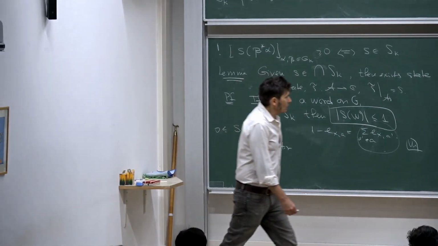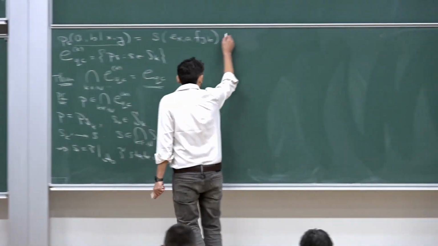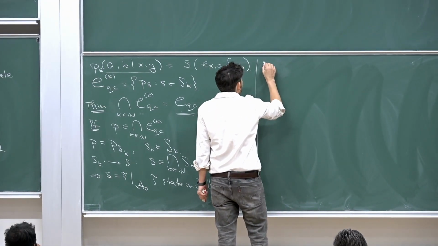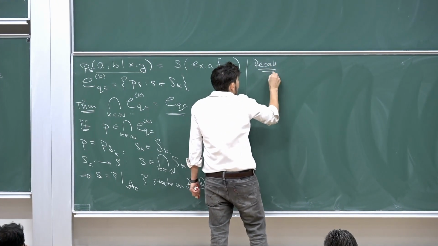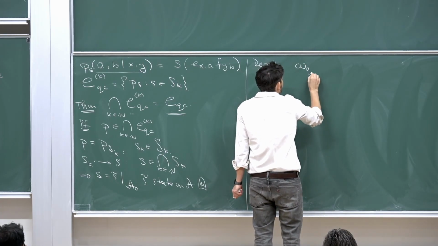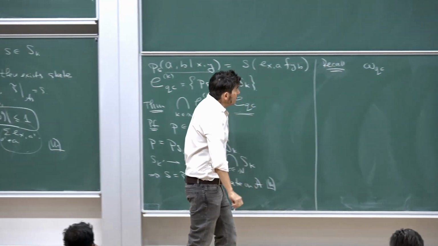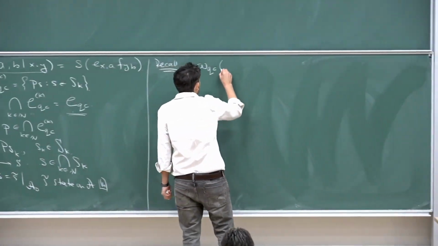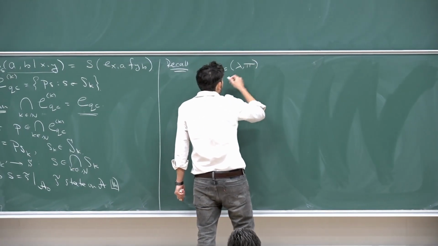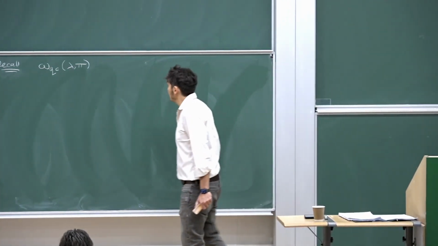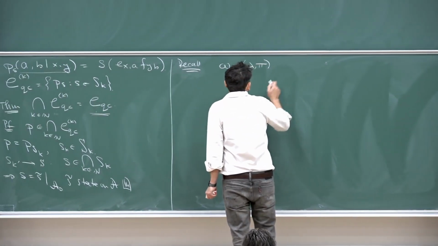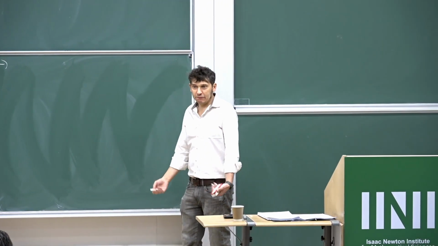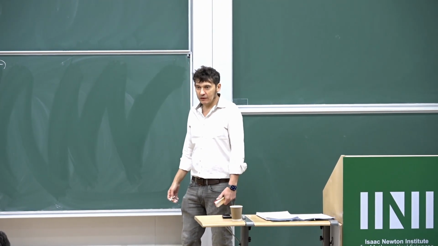All right, so now what is this good for? So let's go to values of games. So recall again that if I'm given a certain type of correlation, a certain type of resource, QC in that case, and if I'm given a game, lambda comma pi, this non-local game, this has an optimal winning probability when you play with these particular correlations QC.